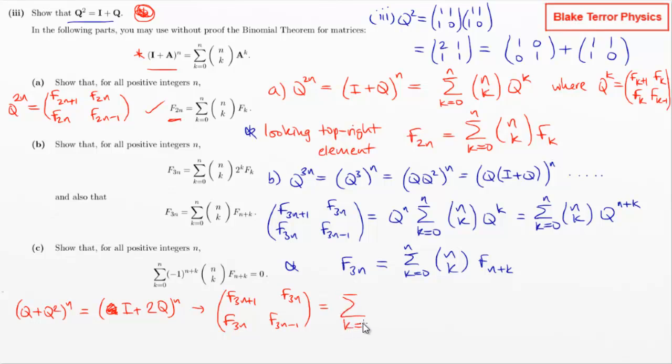So I've got k is 0 to n choose k, and then I've got a 2q to the k. So that would be 2 to the k, q to the k. And that gives me the answer then, doesn't it? So again, looking at the top right element, I'll have F3n is equal to the sum, k is 0 to n choose k, 2 to the k, and then it's going to be fk.